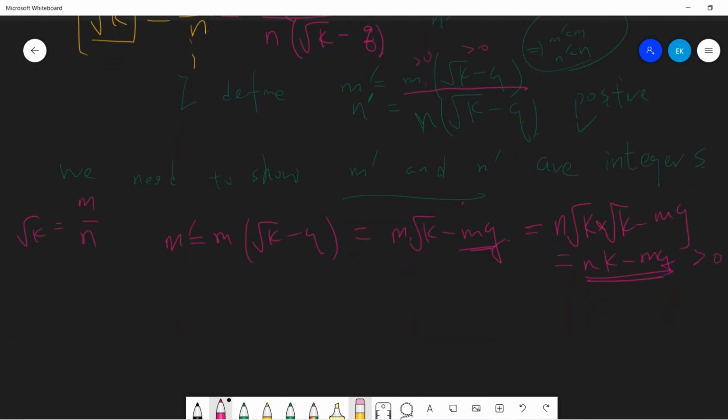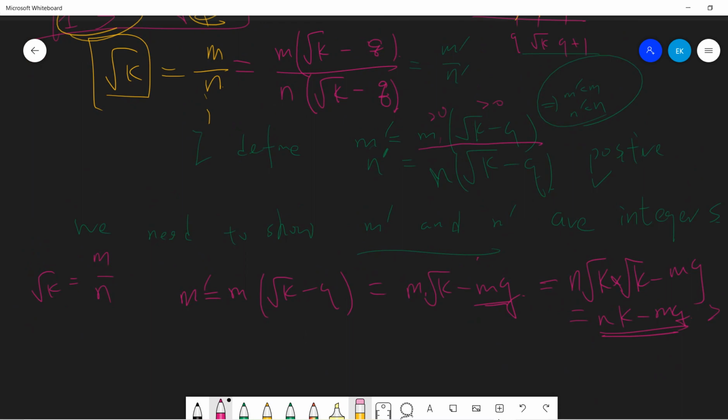Okay, and the rest is to show that n prime, which is n times the square root of k minus q, is also an integer. And since we already know it's positive, if it's an integer, it must be a positive integer. So n times the square root of k is m, right? So m minus nq. Okay, so everything is proven.